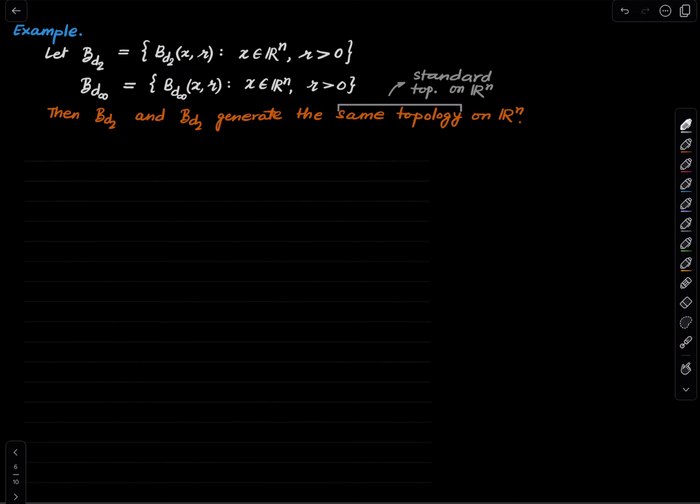so let me just develop this notation. So I'm proving the thing. So let tau 2 be the topology generated by the balls under the Euclidean metric, and tau infinity be the topology generated by the balls under the infinity distance.